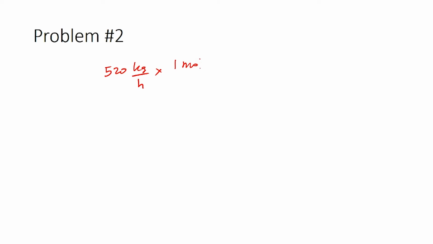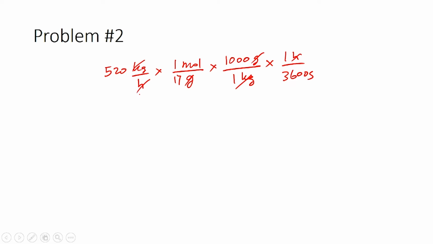So, 1 mole weighs 17 grams, and we can convert kilograms to grams using 1000 grams in 1 kilogram, times 1 hour contains 3600 seconds. Now, kilograms get cancelled, grams get cancelled, and hours get cancelled, and you end up with moles per second. The moles of ammonia coming in is 8.48 moles per second.